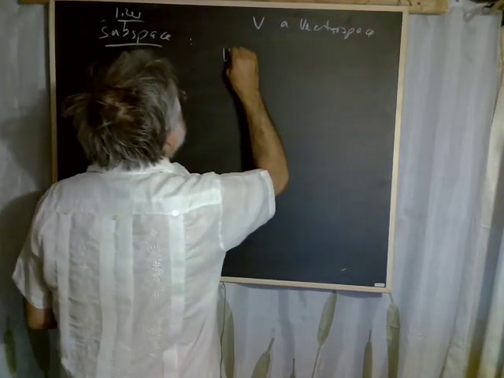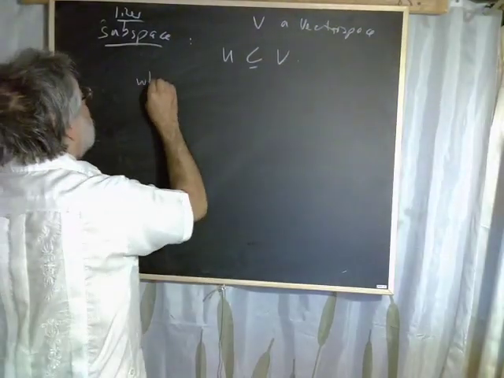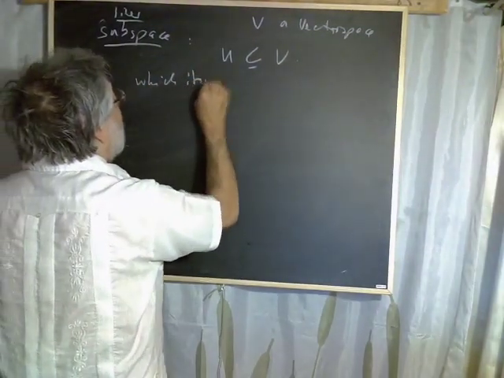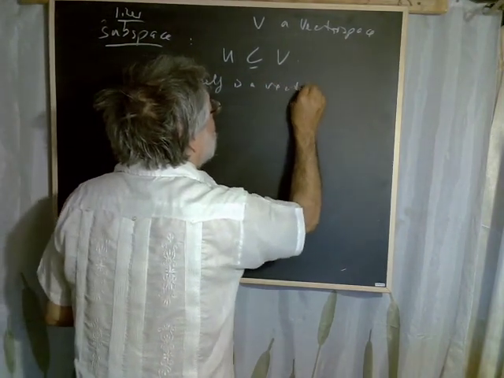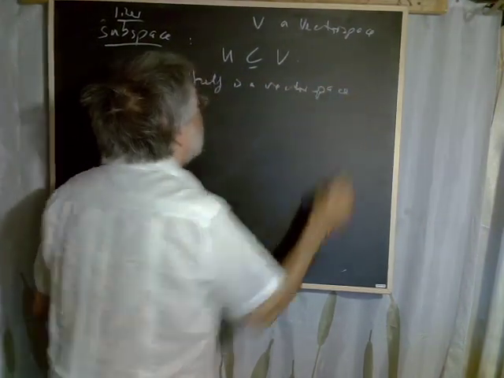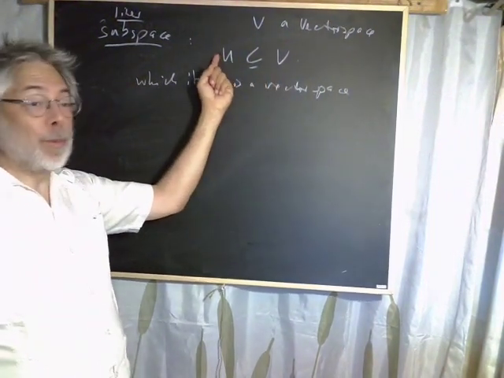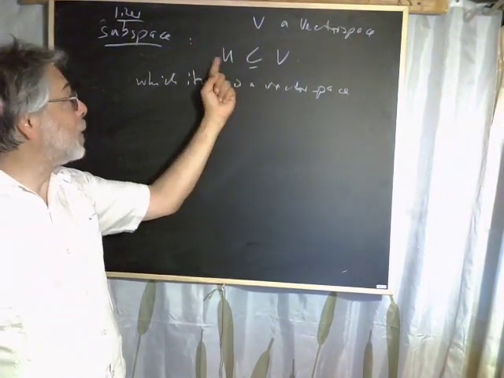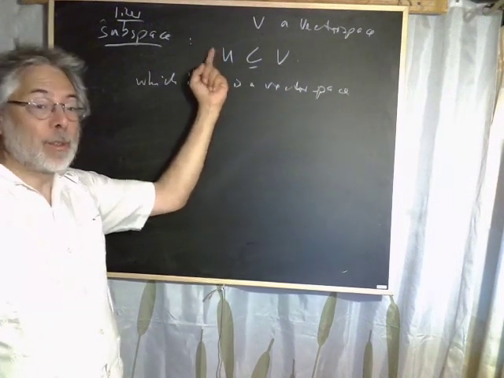And if you have U, a subset of V, which itself is a vector space, where the addition is the one from V, but you take only elements of U to add with each other, and the scalar multiplication is the one from V, also restricted to the vectors of U.